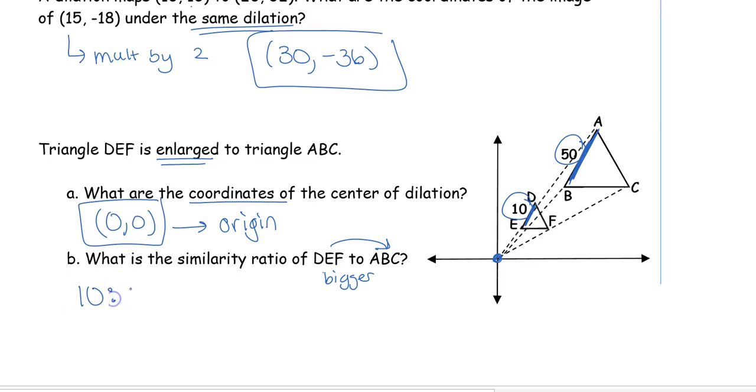And that's 10 to 50. Well, I reduce that fraction to 1 to 5. So our similarity ratio is 1 to 5. The original has a size of 1, and the enlargement was enlarged by a factor of 5. So the similarity ratio is 1 to 5. It's 5 times bigger than the original.